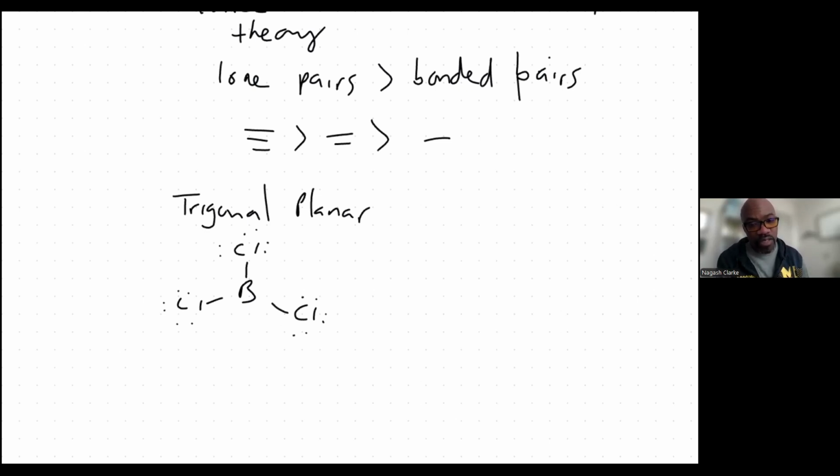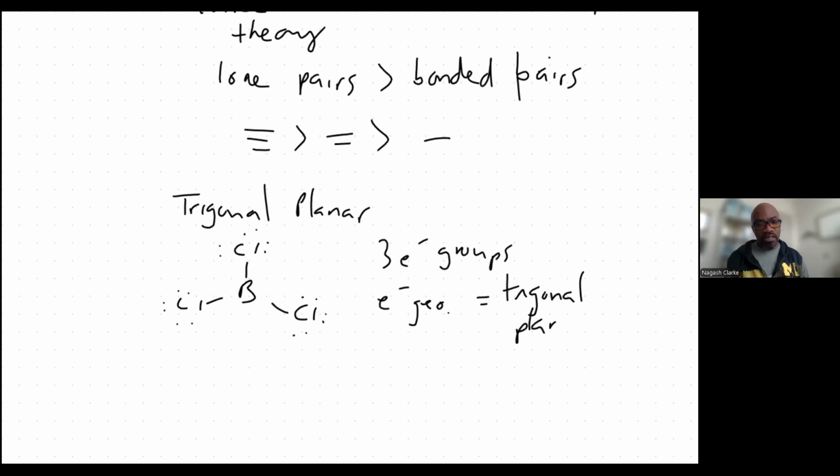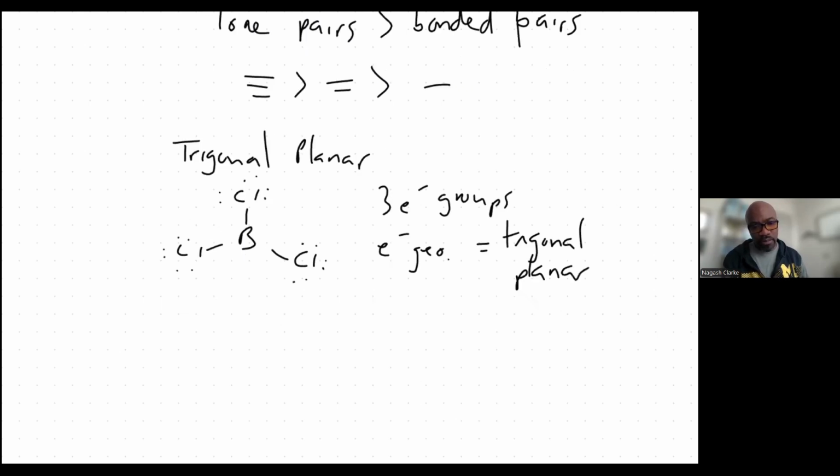We have 3 electron groups. So our electron geometry is trigonal planar. Our molecular geometry is also trigonal planar because I have no lone pairs on the central atom.